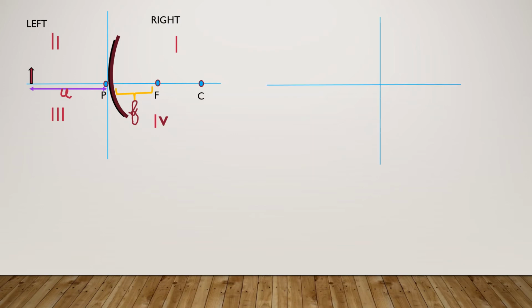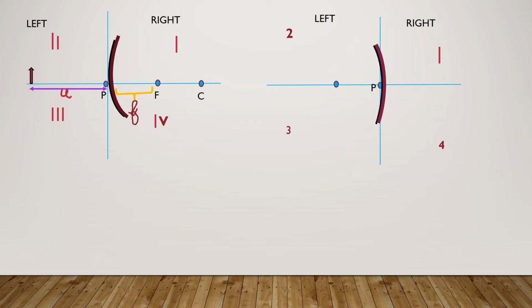Now this is the convex mirror. Now let us go to the concave mirror. Again the quadrants are drawn and I'm drawing now a concave mirror. You can see the reflecting surface is curved inwards. The non-reflecting surface is towards the left side of the pole and this is the right side.